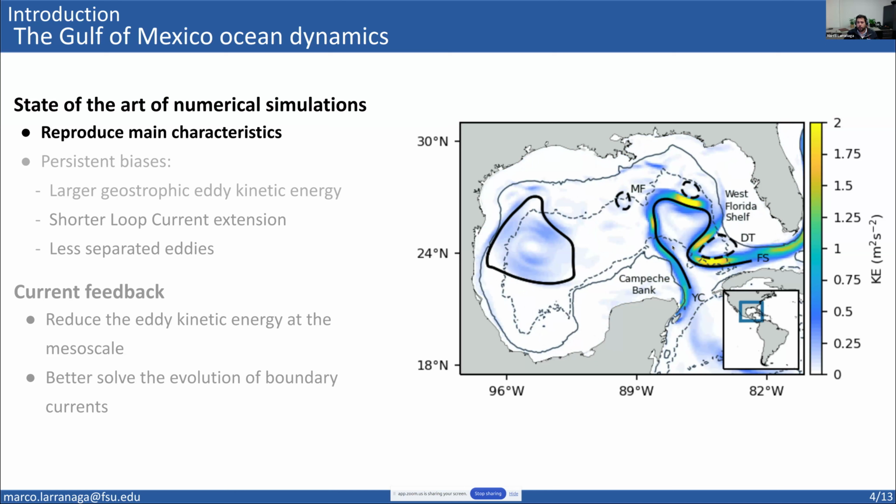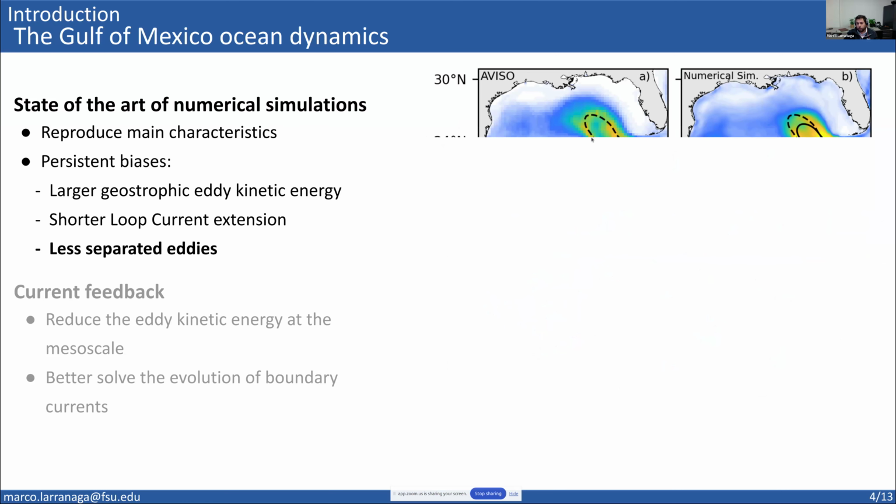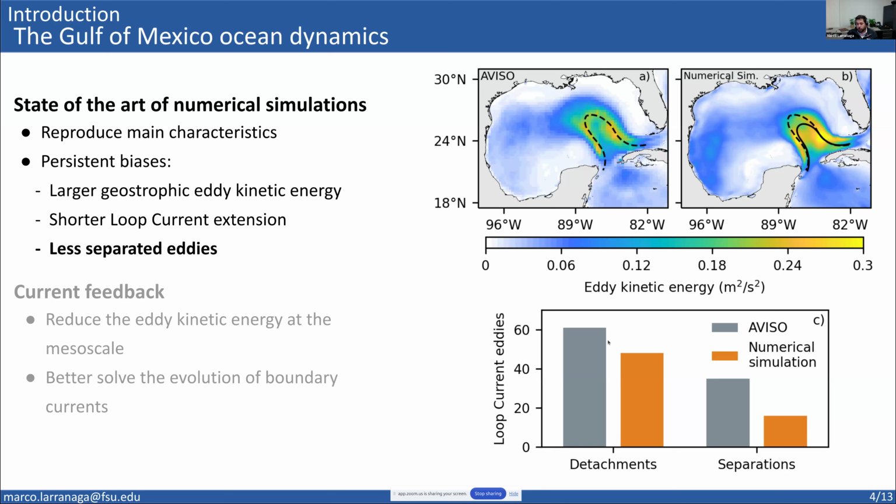But when we compare, for example, the eddy kinetic energy of altimetric observations with numerical simulations without the current feedback, we are going to see that they overestimate the eddy kinetic energy. But also, they have problems in reproducing the mean loop current extension. They underestimate it in comparison with altimetric observations. They also underestimate the number of detachments, and they largely underestimate the number of separations.